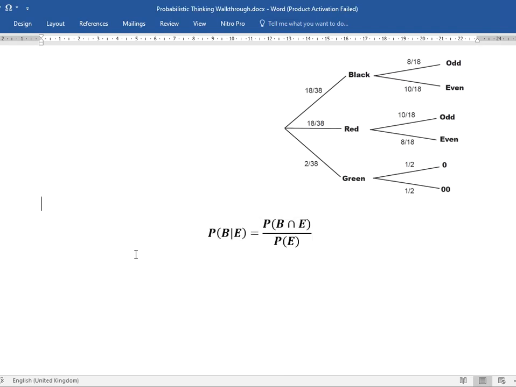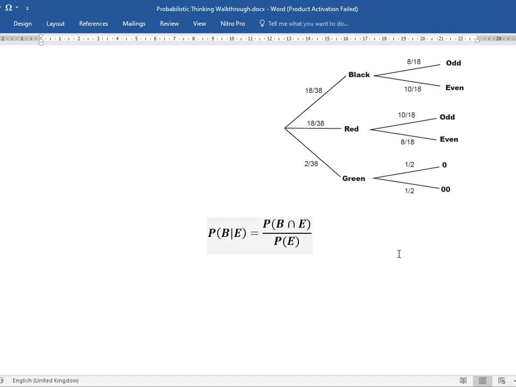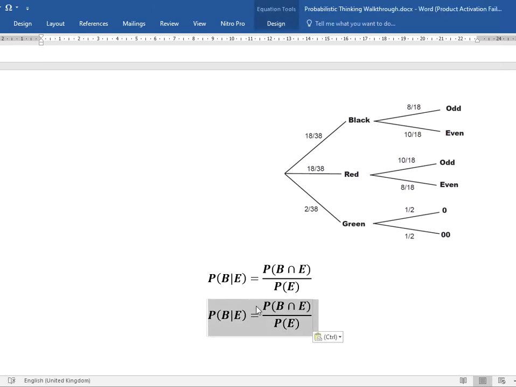So the first thing we need to do is to compute the numerator. So you already know that the numerator is going to be this conditional probability here multiplied by this prior probability. All right. So we'll pull out this.